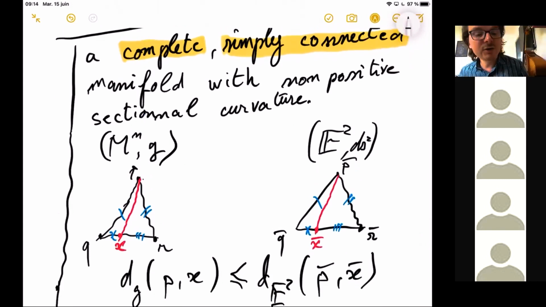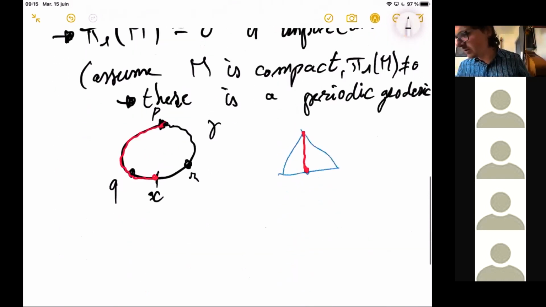Once you have that, you can do angle comparison, which I guess Gerard told us about, between the sphere and the plane, or hyperbolic space and the plane. From this, you can show that the angles of the triangle in M are smaller than the angles of the triangles in E2. There are several other versions we will encounter, and what we will actually prove is a more analytical fact on distance functions, which is a useful way to think about it.